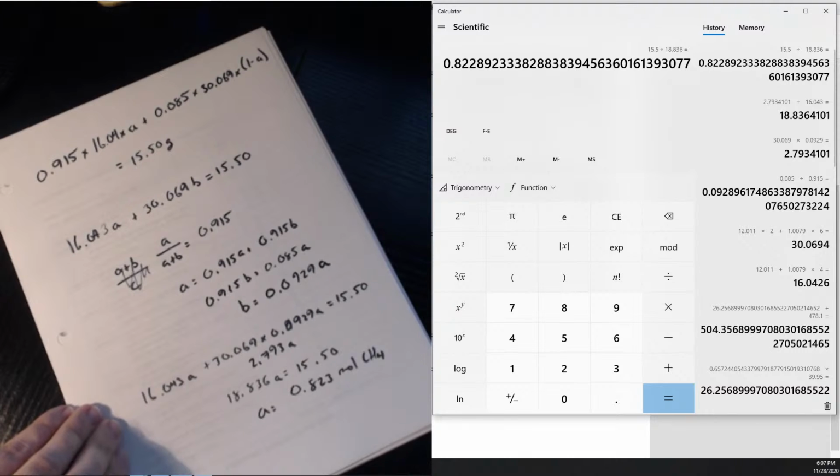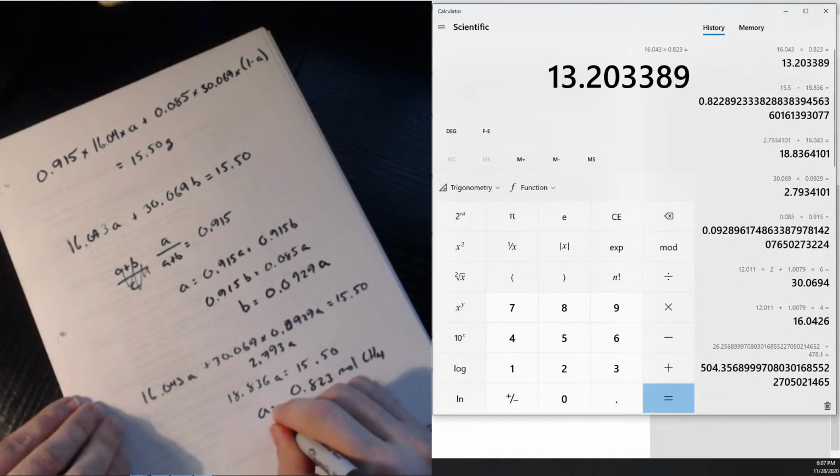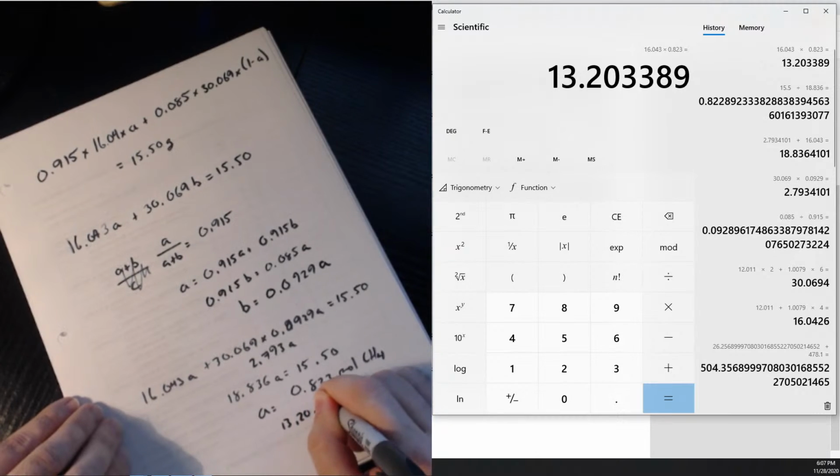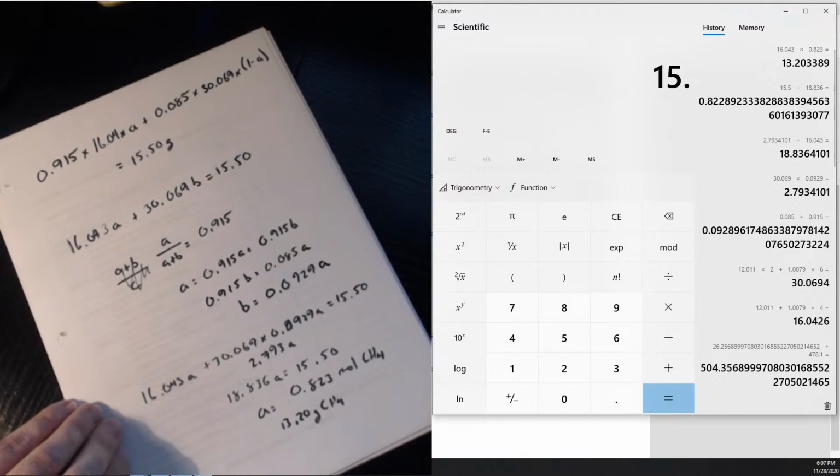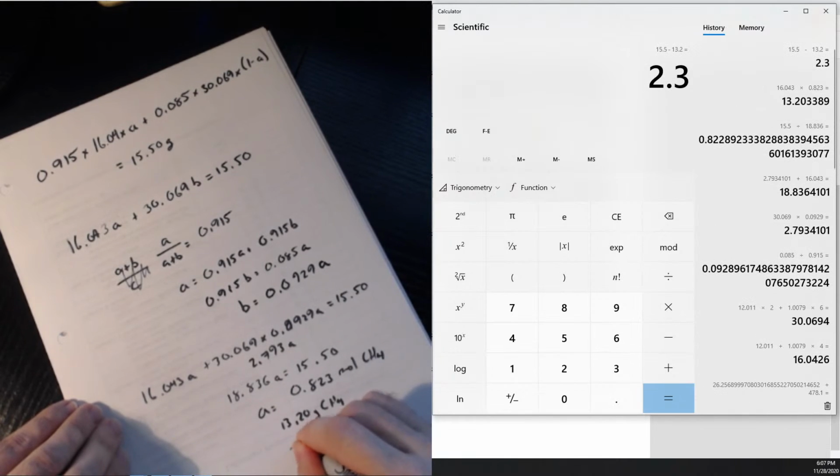Okay, so 16.043 times 0.823 means we have 13.20 grams of methane. And then 15.5 minus 13.2 leaves us with 2.30 grams of ethane.